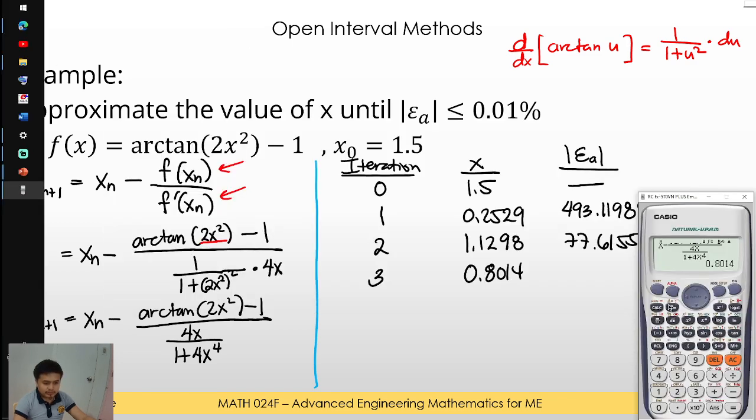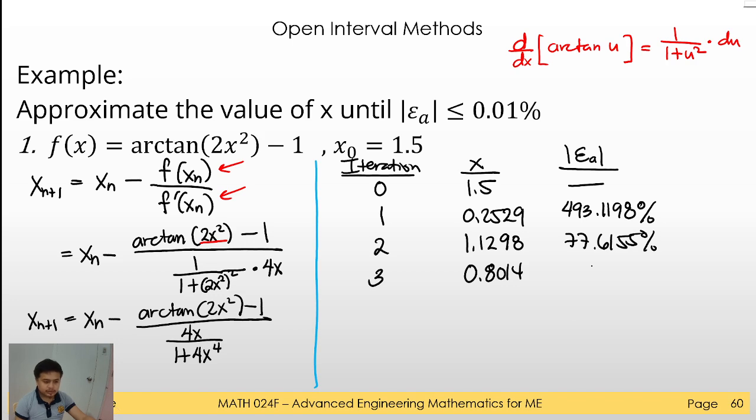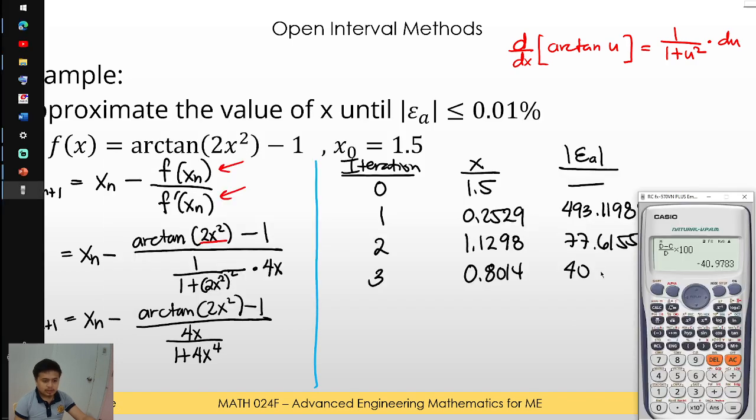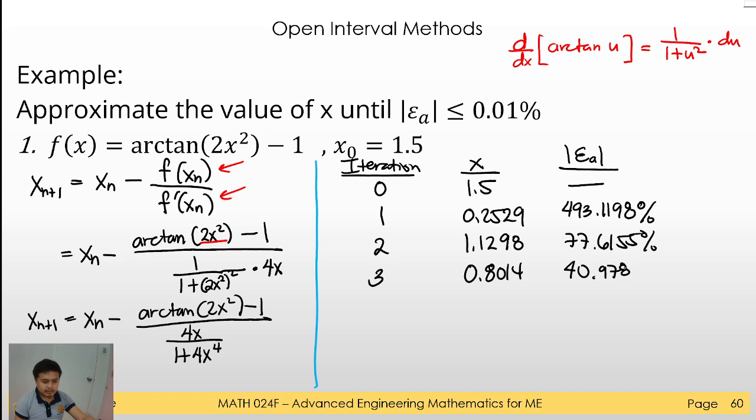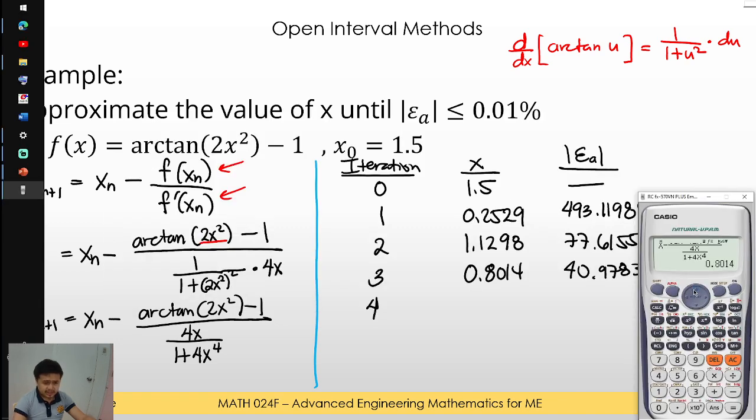So the relative error, we have again present minus previous over present times 100. The present is 0.8014 and the previous is 1.1298. So we have 40.9783%.